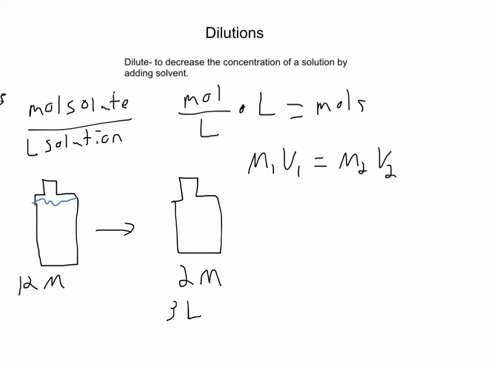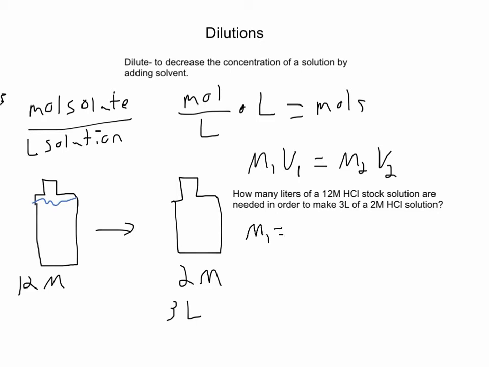I want to know how many liters of a 12 molar hydrochloric acid stock solution are needed in order to make 3 liters of a 2 molar hydrochloric acid solution. Like all of the problems we've done, I want to make a list of variables. We have M1, V1 equals, and then M2, V2. So I need to define these variables.